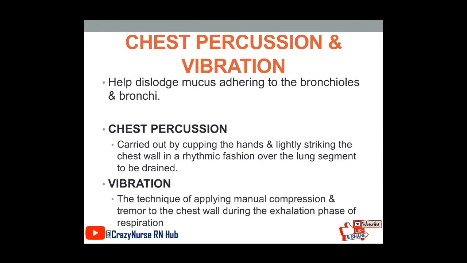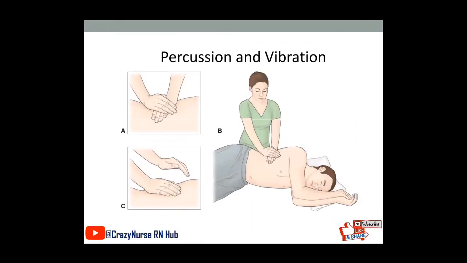Vibration is the technique of applying manual compression and tremor to the chest wall during the exhalation phase of respiration. I have here a picture demonstrating the percussion and vibration. Pictures A and B are for vibration, and picture C is for your percussion.